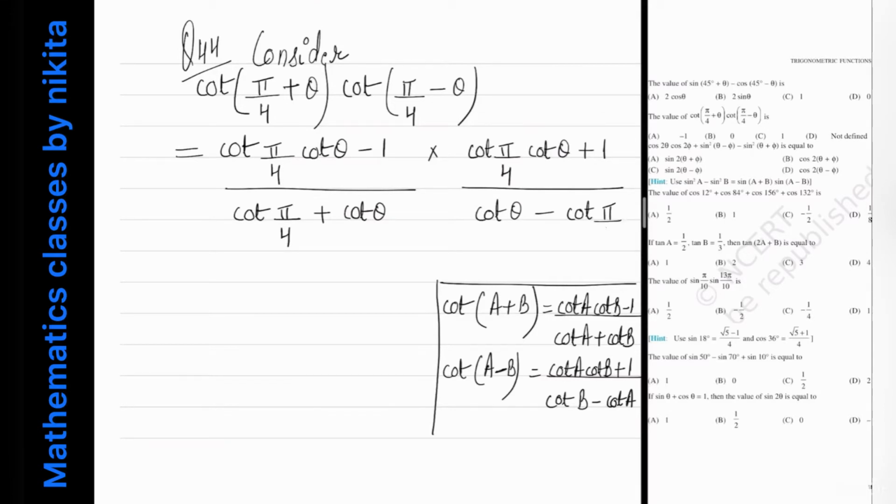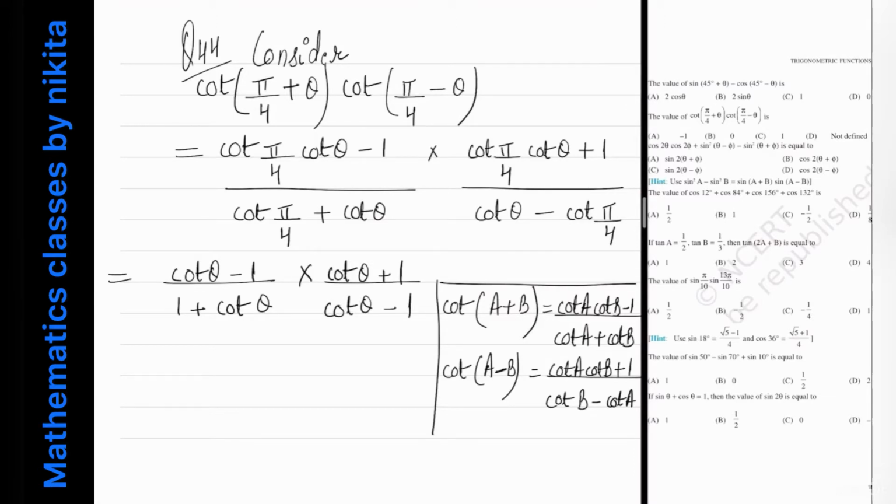Okay, so now you know that the value of cot pi by 4 is 1. So therefore you will get, so I am writing it directly. So 1 into anything is that number itself. So you will get cot theta minus 1 divided by 1 plus cot theta multiplied by cot theta plus 1 divided by cot theta minus 1.